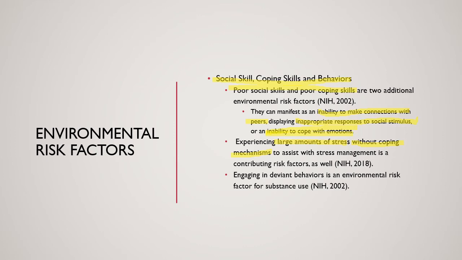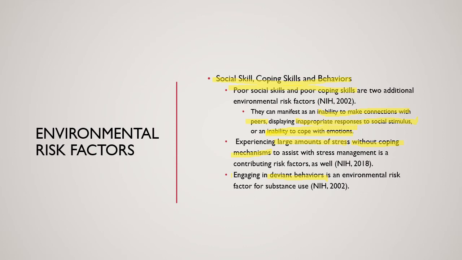And then the last example here that we're looking at for environmental risk factors is engaging in deviant behaviors. Deviant behaviors are actions or behaviors that go against social norms.